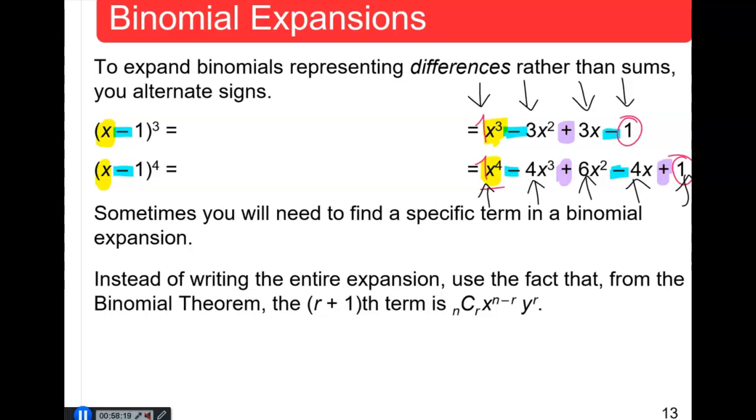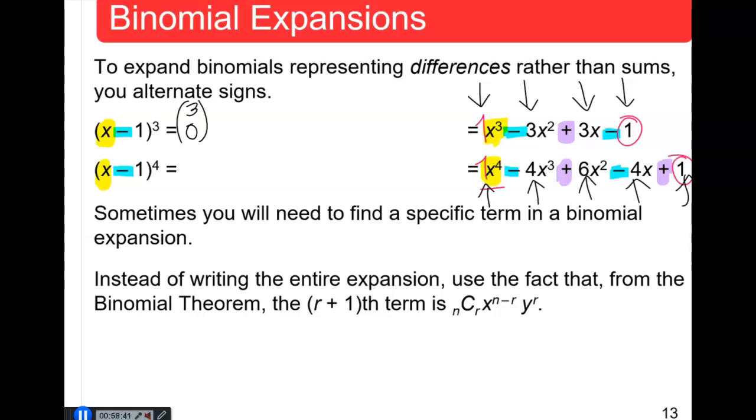So for the very first one, the binomial coefficient could be 3 choose 0.